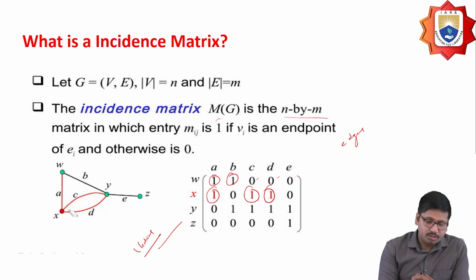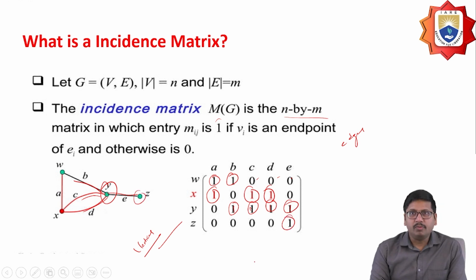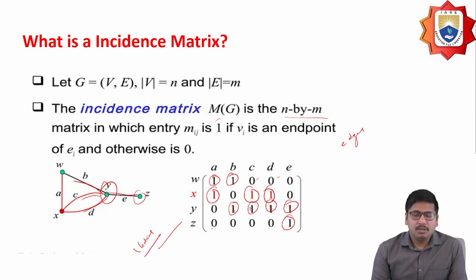If I consider Y, B, E, B, C, so these should be 1, remaining should be 0. For Z, only one edge is connected, that should be B, it should be 1. So the incidence matrix is the matrix which is mapped along the vertices and edges here.